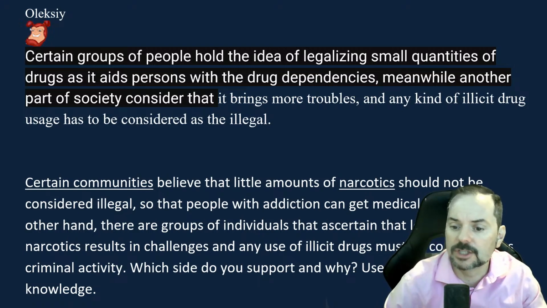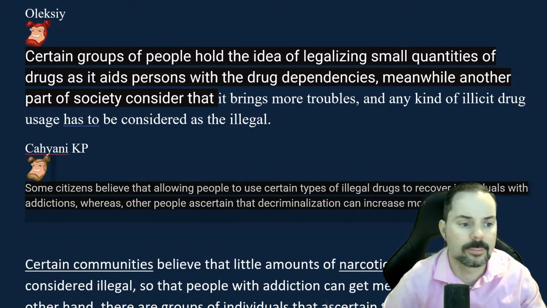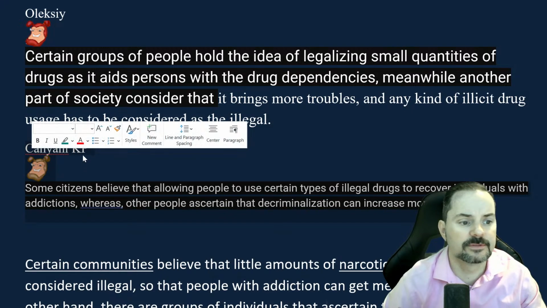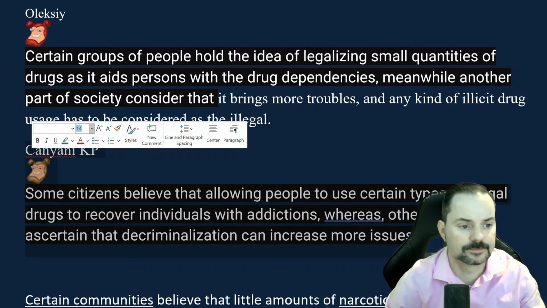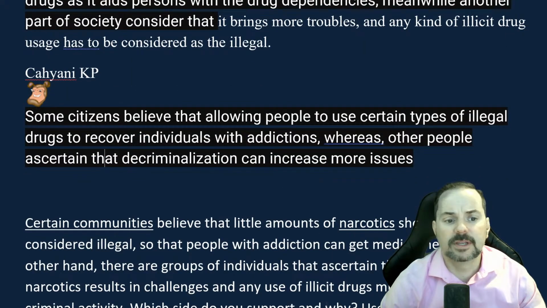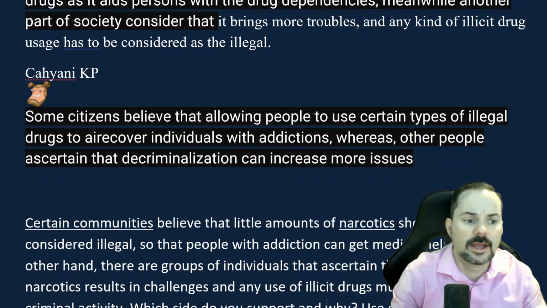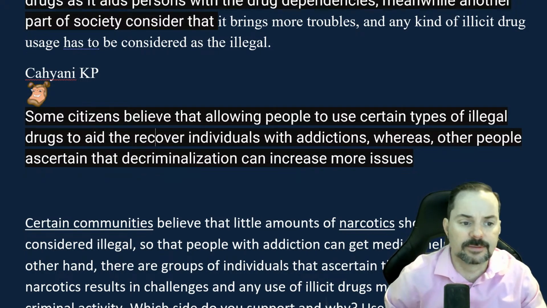Chayani, let's see what you have here. And notice so many different ways of doing this, right? So Chayani writes, some citizens believe that allowing people to use certain types of illegal drugs to recover individuals with addictions to aid the recovery.